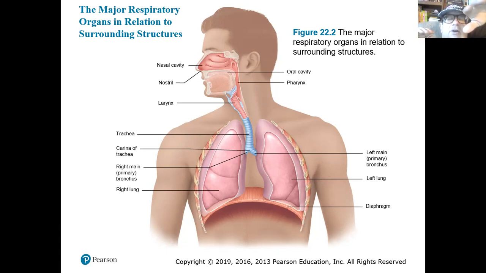As the air bends and turns to go around those turbinate bones, particles and junk that you don't want getting down into the lungs won't make the turn very well, and they'll go crashing into the mucosa. Then the cilia will move it to the back of the throat where you can swallow it down and destroy it.